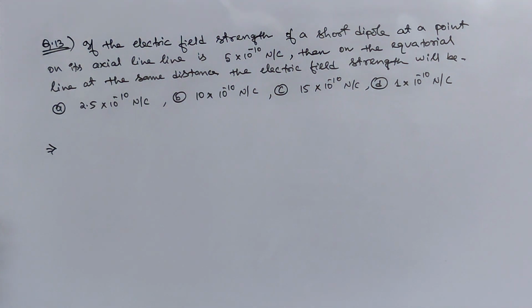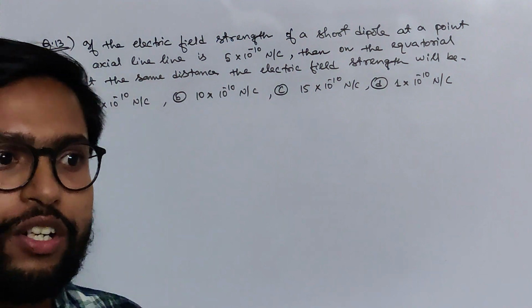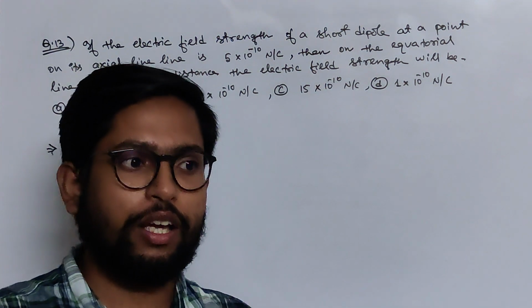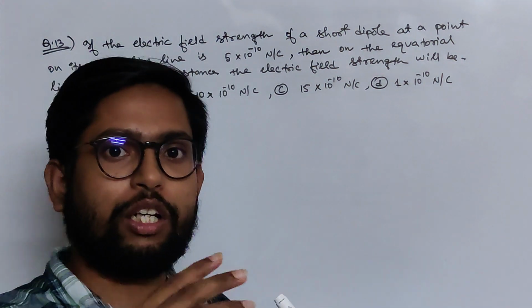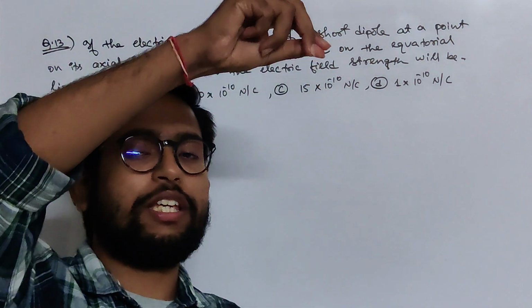So what we know? We know the electric field strength at a certain distance on its axial line is equal to twice that at the same distance on its equatorial line.